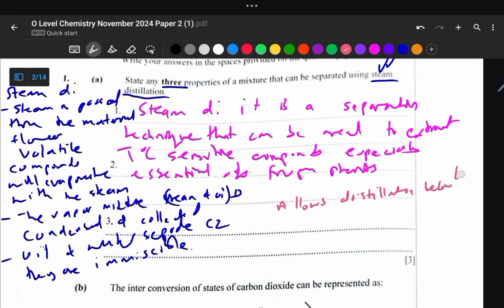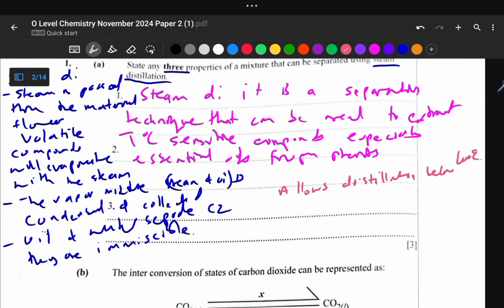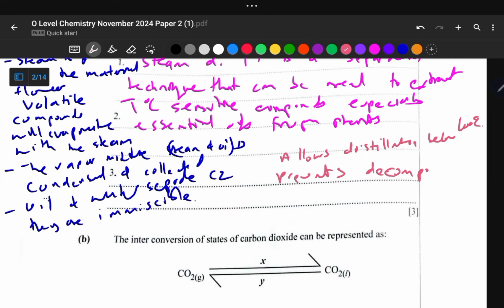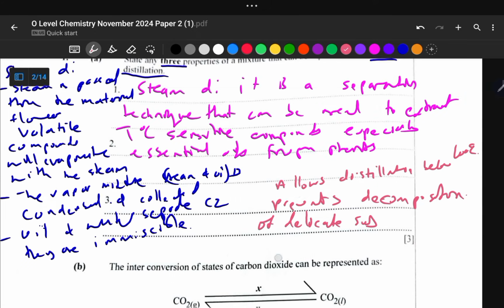And then it prevents the decomposition of delicate substances, right? So this is the significance of steam distillation. So for example, we can use it to extract eucalyptus oil, rose oil, and then clove oil, right? So this is an example where we can use steam distillation.